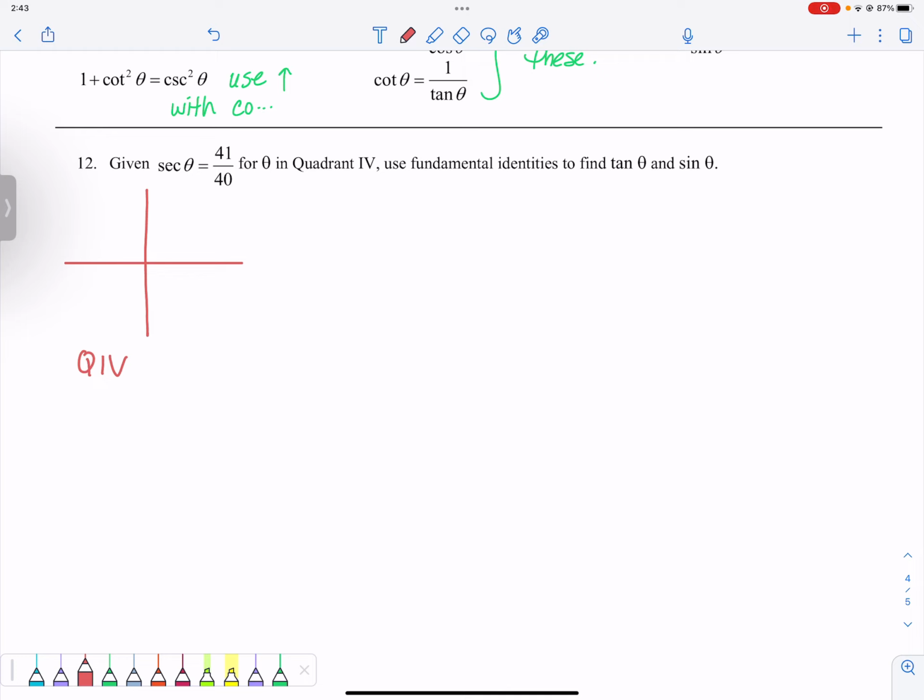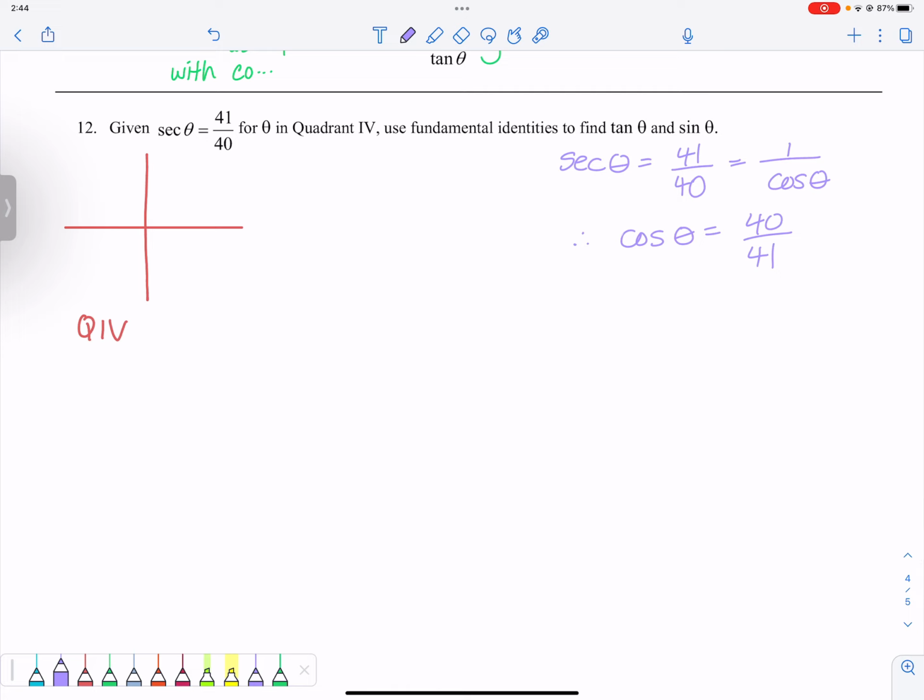Or we'll go ahead and use our properties over here to the right. Let's do that first. So we have the secant of theta is 41 divided by 40. And that's also equal to 1 divided by the cosine of theta. So what does that mean? That means that the cosine of theta must be 40 over 41.